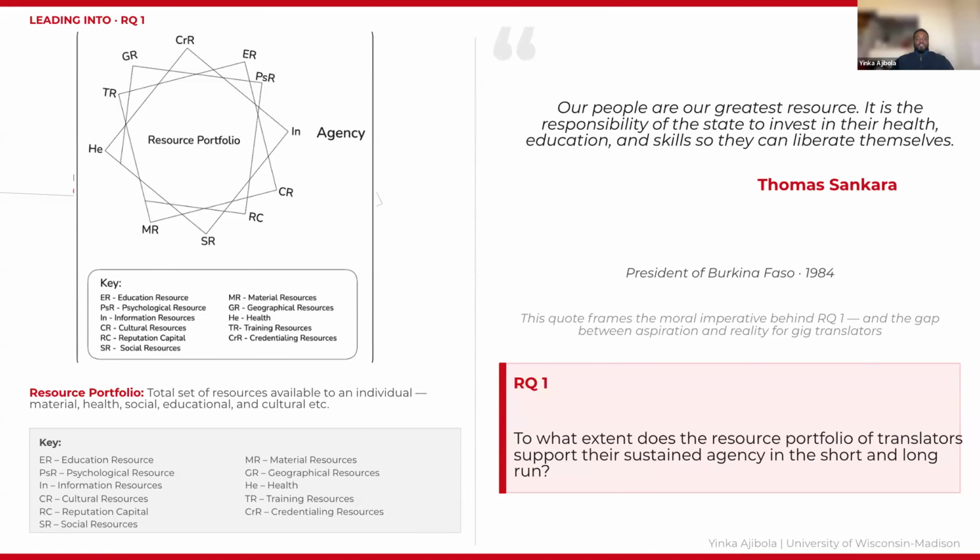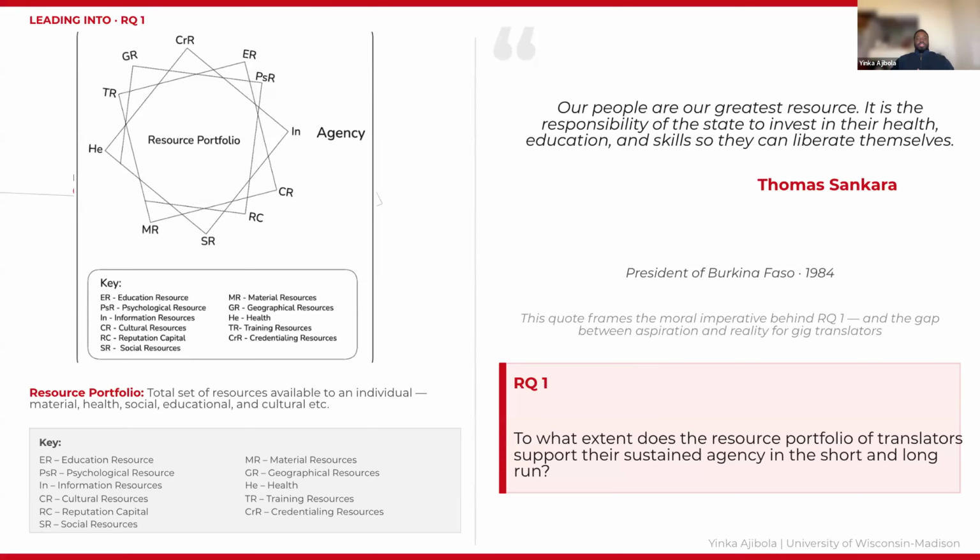I interviewed 14 Kenyan gig translators from Nairobi, Nyeri, and Kakamega as well. The participants were recruited via LinkedIn and X, formerly Twitter. I also employed snowballing techniques by pursuing recommendations from my existing networks.